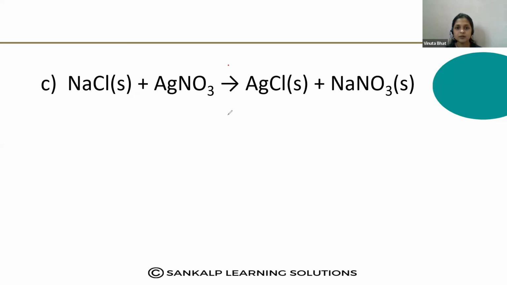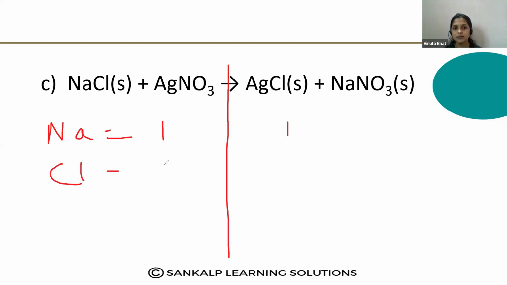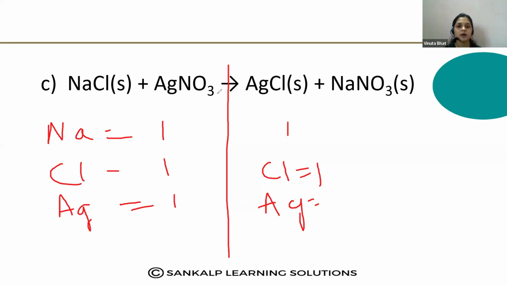So let us check whether it is balanced or not. Sodium in both only 1, here also 1. Chlorine here also 1, and here also chlorine is 1. Then silver Ag, that is also 1, and in the product also; you have to check just before the arrow mark and just after the arrow mark.